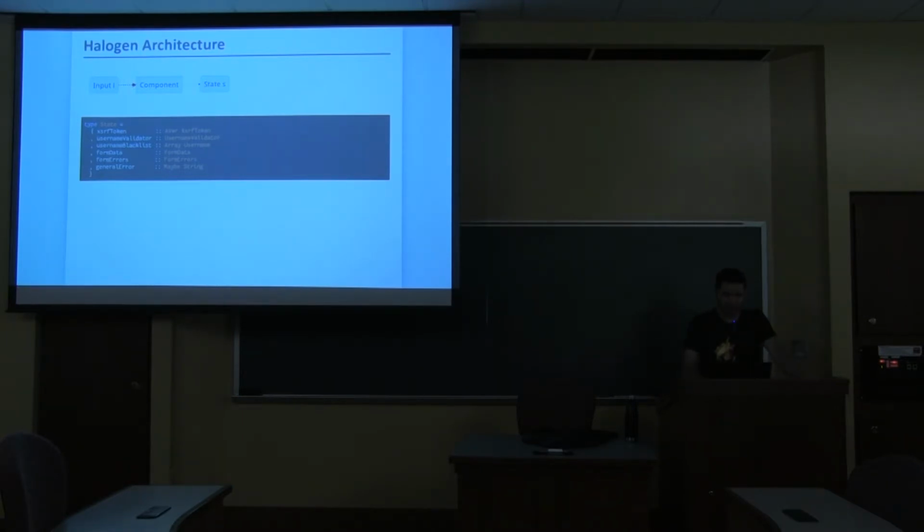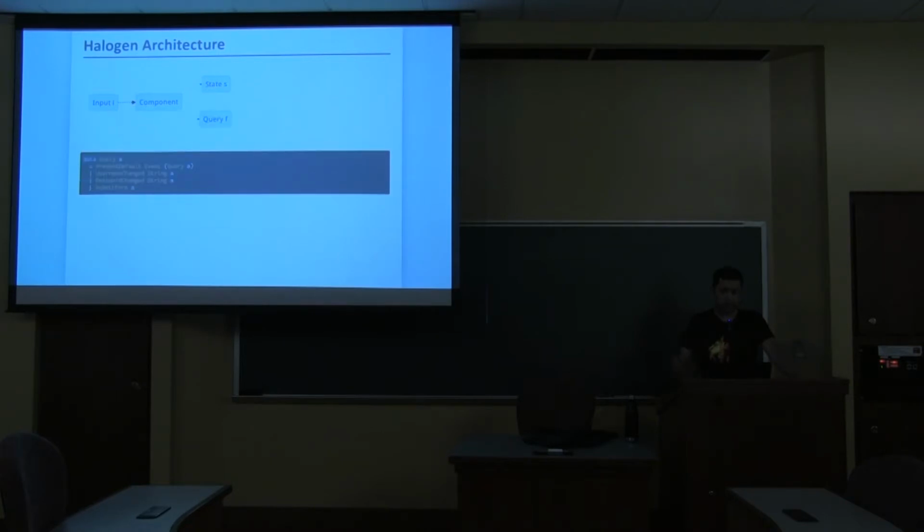Once you have the input into your component, you generate your state. Along with that state, you have to declare what is known as a query algebra. For all intents and purposes, if you are accustomed to Redux, these are your actions. These are the possible things that your component needs to care about. In this case, all four of them are DOM events.